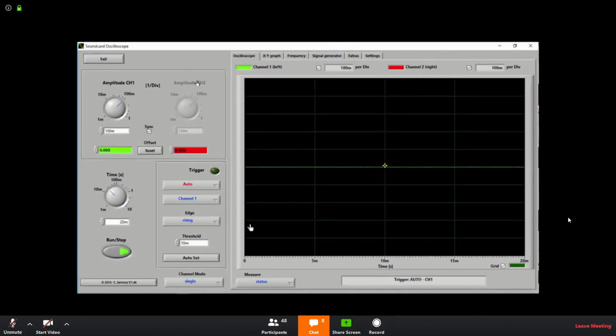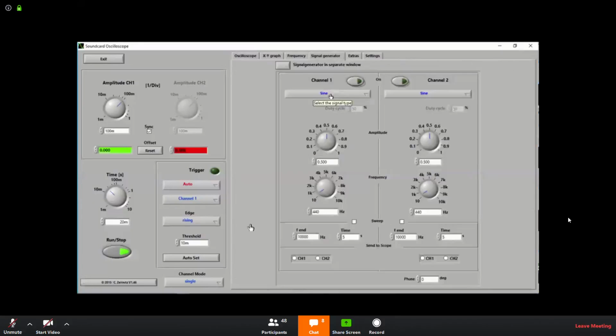This is the software interface of our oscilloscope, and I will give it a sine wave. I will generate a sine wave inside my laptop, and that sine wave will be displayed through the oscilloscope on the screen.